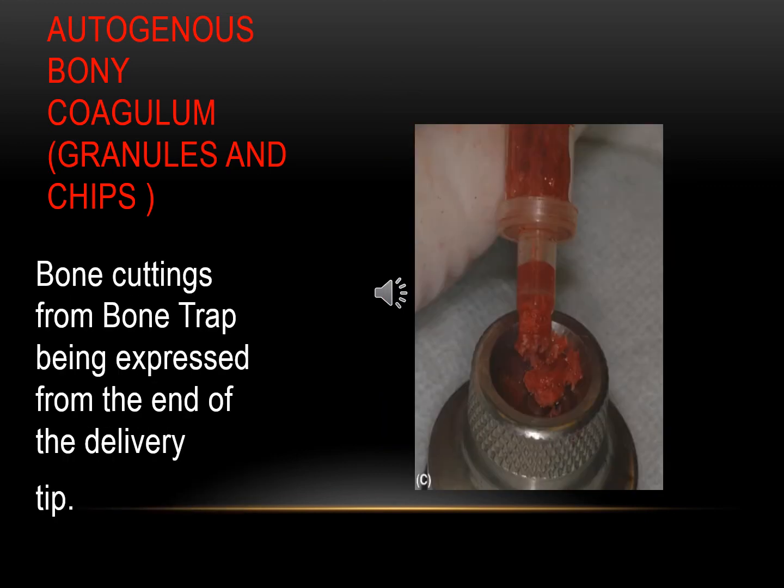In this picture, you can see the bone cuttings, the granules and the chips, after we remove the bone trap from the suction, and we collect a good quantity of bone graft to use in the treatment of our bone defects.